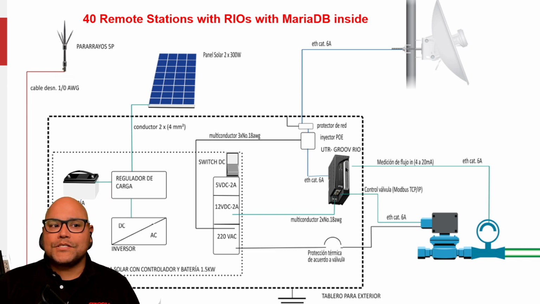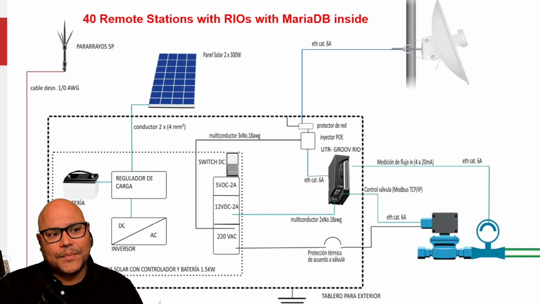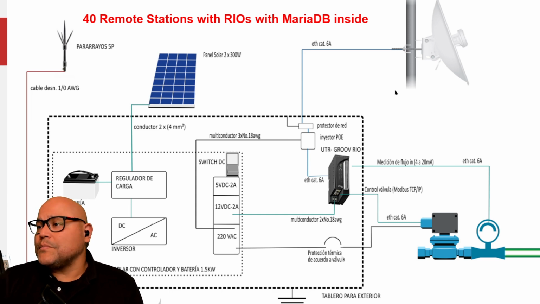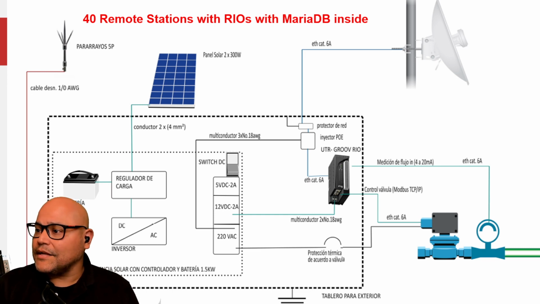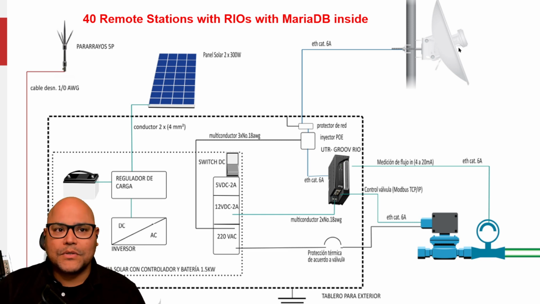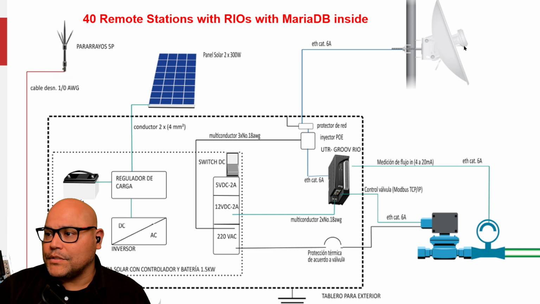So with a combination of Node-RED and a MariaDB database, all of this control can be completely local because, let's face it, with this type of remote architecture, even though here we have a lightning rod, there will be damage to the communication system and we don't want anyone suffering from not getting their allotment of water that they were promised because communication went down, which certainly it will go down.